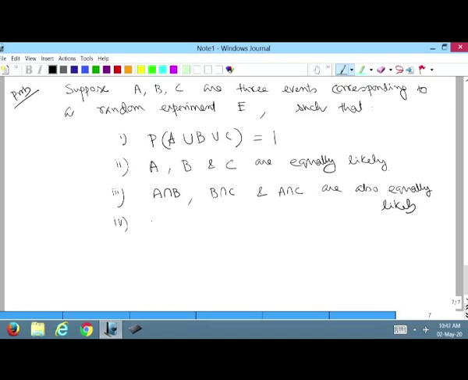4. Probability of A intersection B is equal to probability of A divided by 2, and probability of A intersection B intersection C is equal to probability of A intersection B divided by 2.